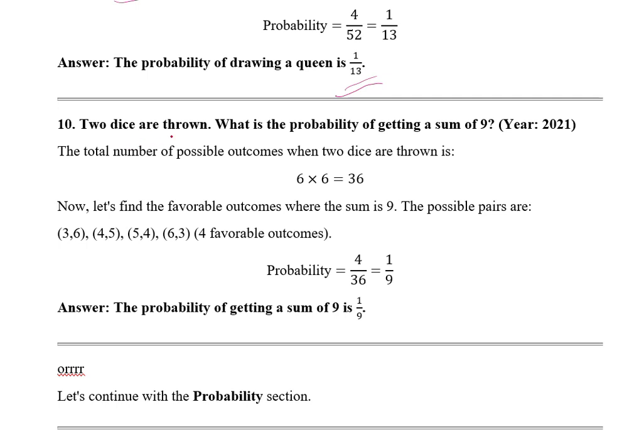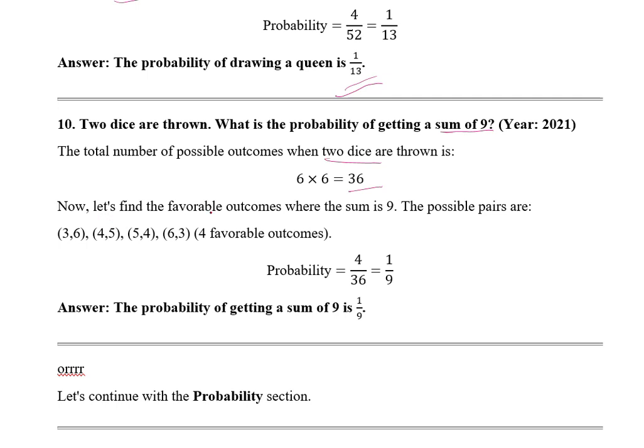Two dice are thrown. What is the probability of getting a sum of 9? Total number of possible outcomes when two dice are thrown is 6 into 6, which is 36.